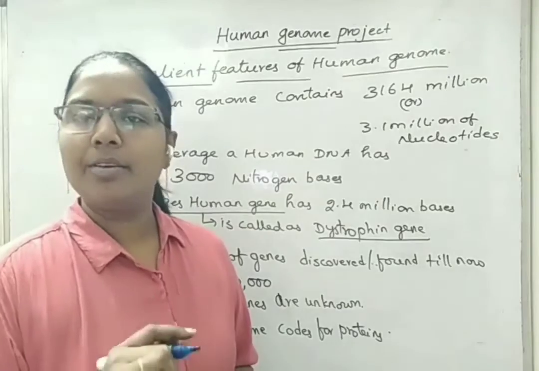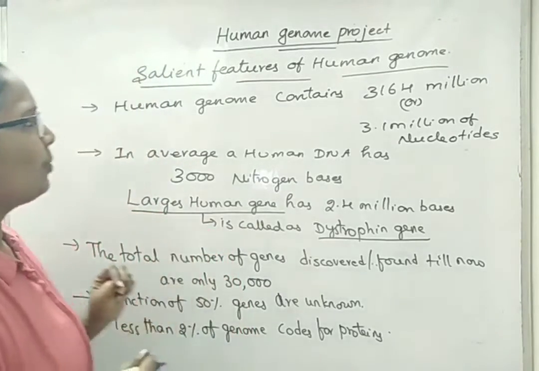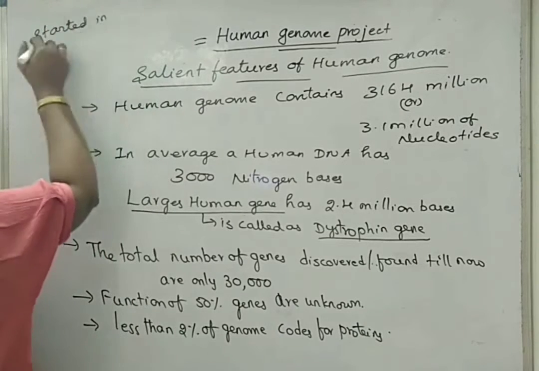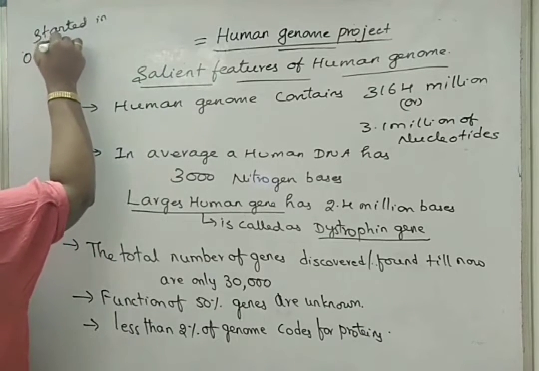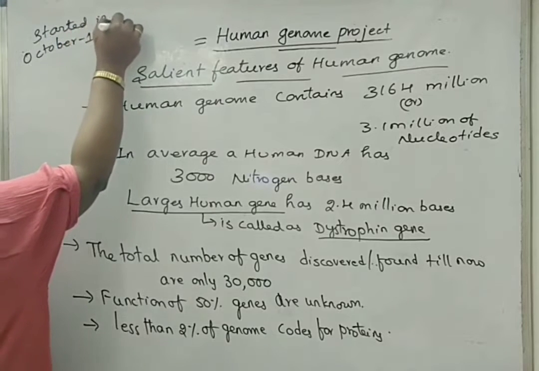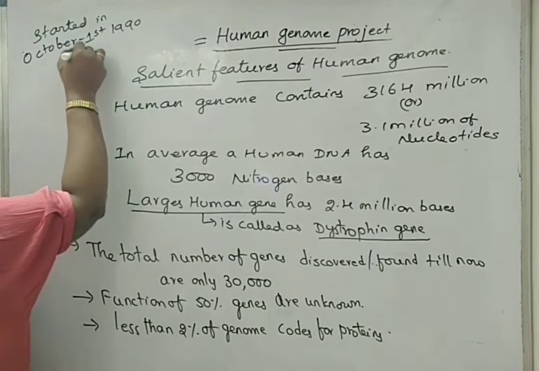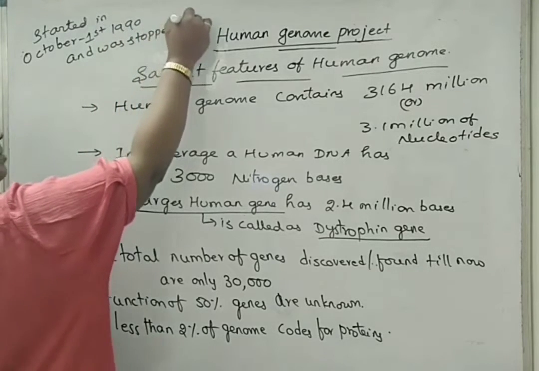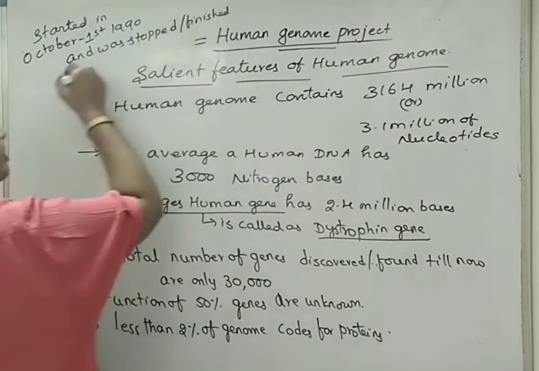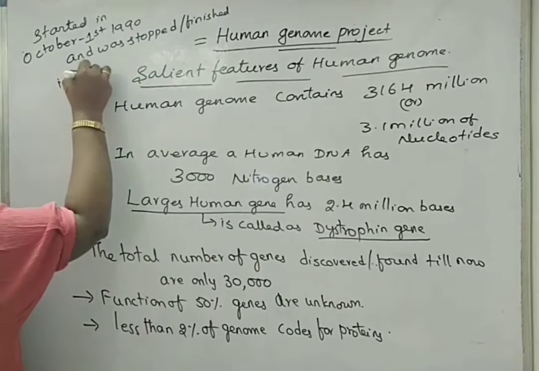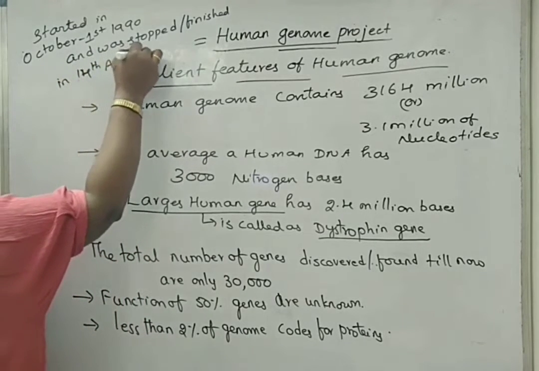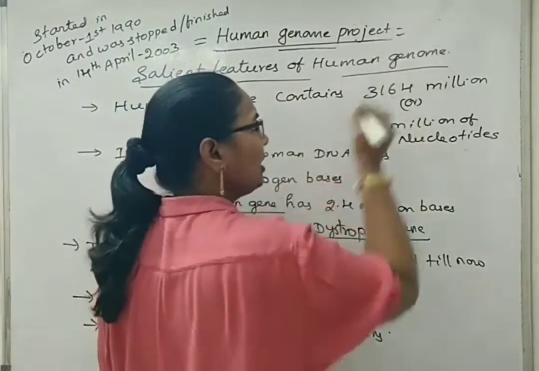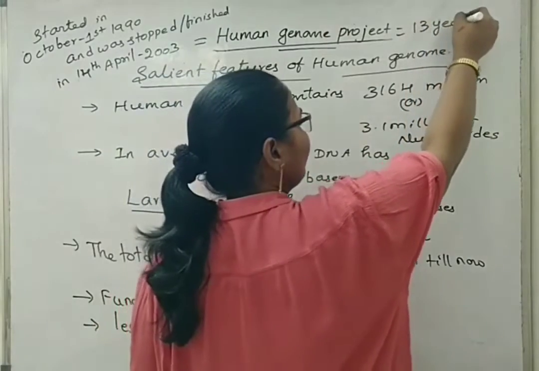The Human Genome Project was started on October 1st, 1990 and was finished on April 14th, 2003. So totally, the Human Genome Project initially took 13 years for complete study.